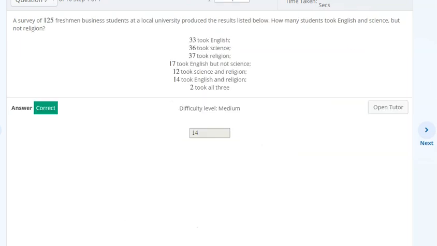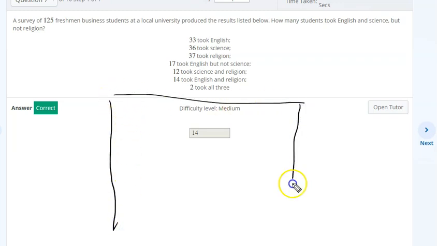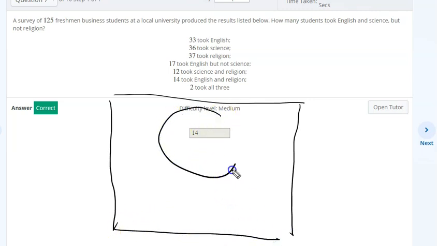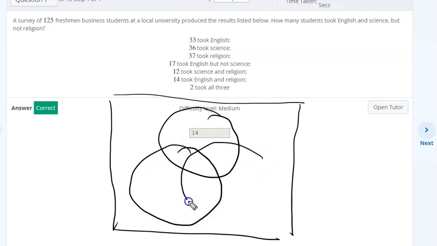Now, as I read this one, I note that I'm going to have a Venn diagram that has 3 circles, and I have to put it somewhere. And to set it up, this will be English, this will be science, and this will be religion.